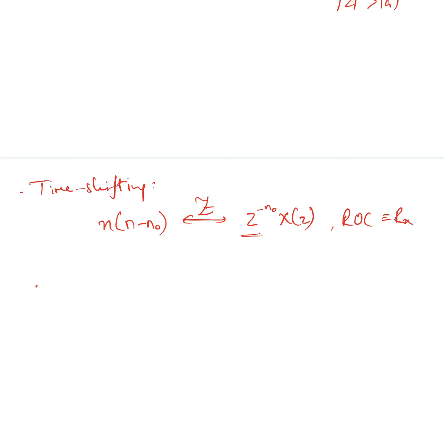Because you have z to the power minus n naught introduced in the X of z, depending on this n naught, we can see whether the sequence is shifted to the right or to the left. If n naught is greater than 0, then x of n is shifted right. If n naught is less than 0, then x of n is shifted left.